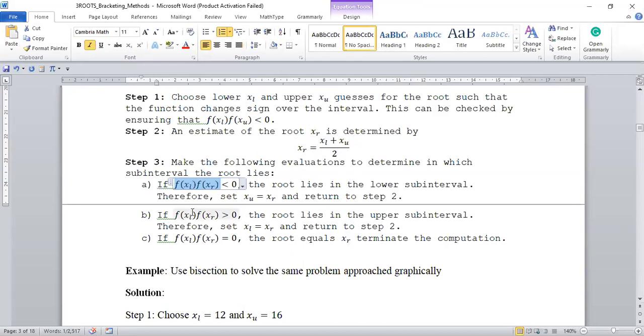If it is negative, that means you should make the upper limit equal to the value you calculated here. If it is positive, you make the value you calculated here the lower limit. And if it's zero, that means you are done, that this xr is the correct root, and you terminate.